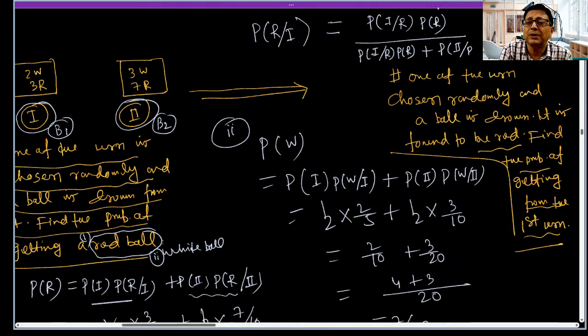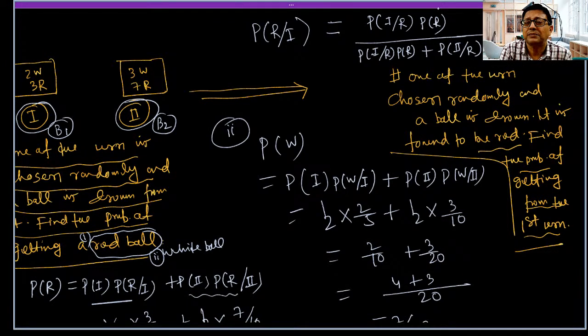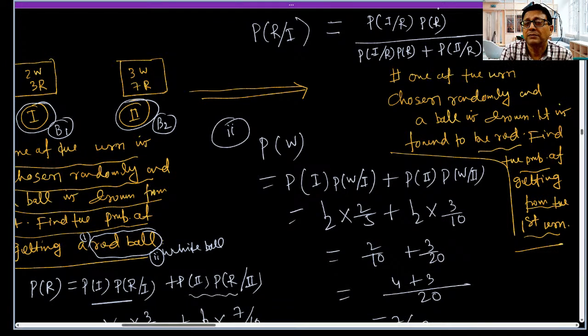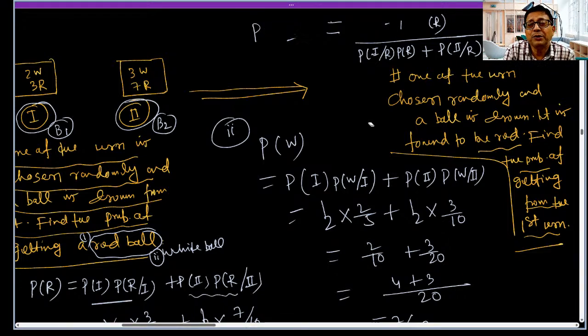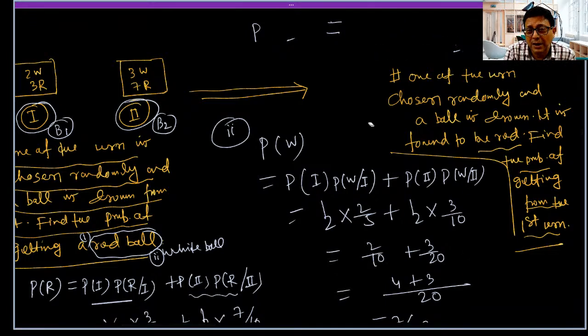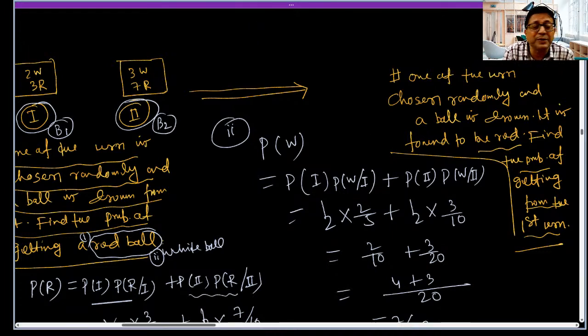Out of that, the first one is coming. This multiplied by, wait a minute, because normally B1, B2, Bn and A are confusing in the sum. Which one is to be taken as B1, B2, Bn?